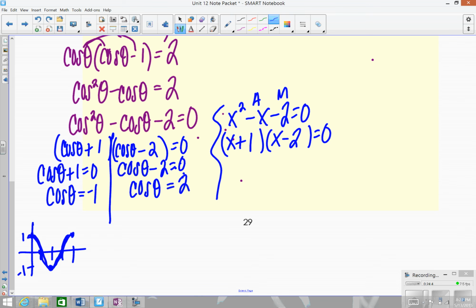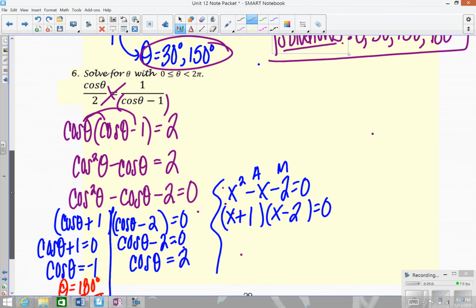So if I'm looking at when does cosine theta equal -1, it equals -1 right here, which is, this is pi over 2, this is pi. So pi is our 180. So it's either 180 or you could say pi, depending on what the question's asking.